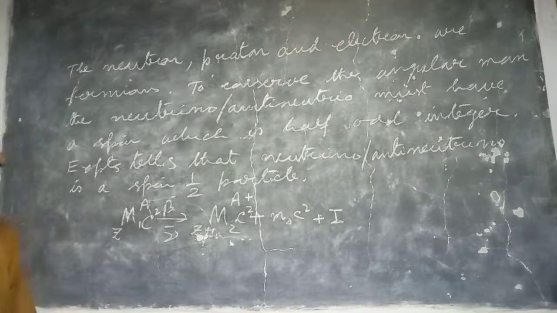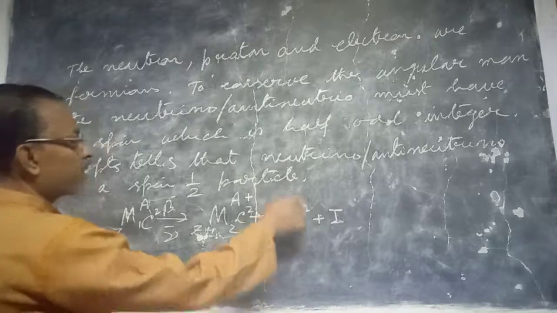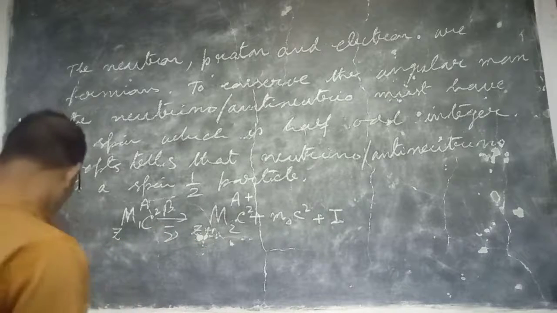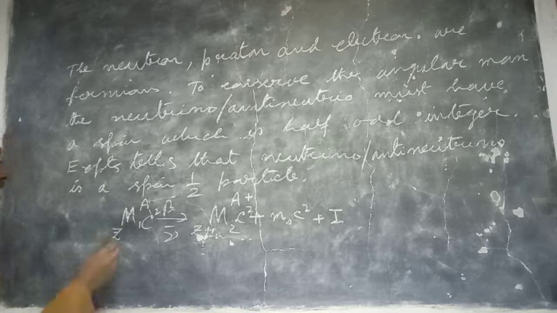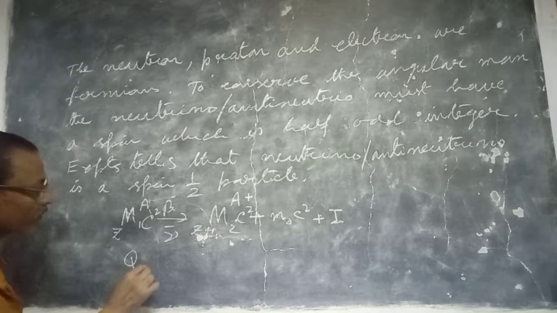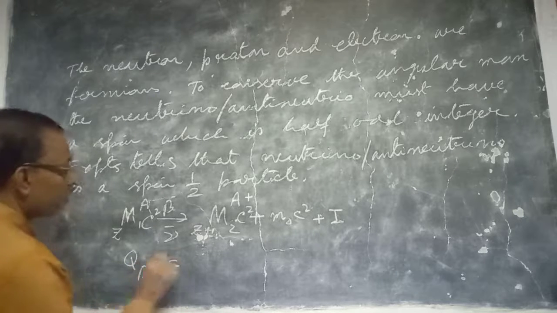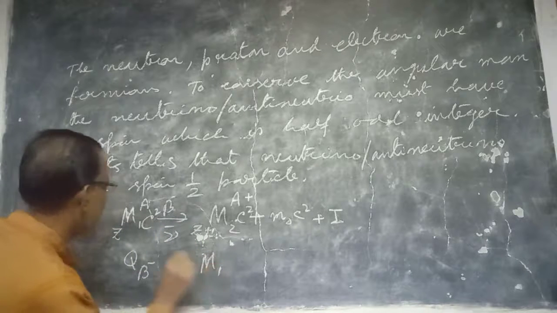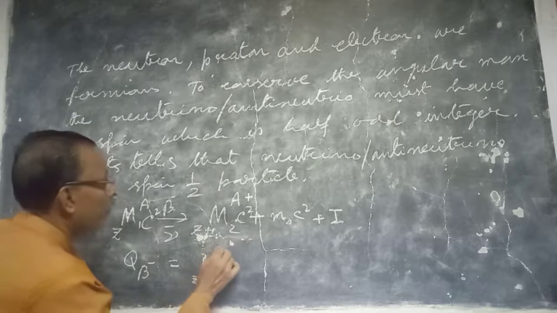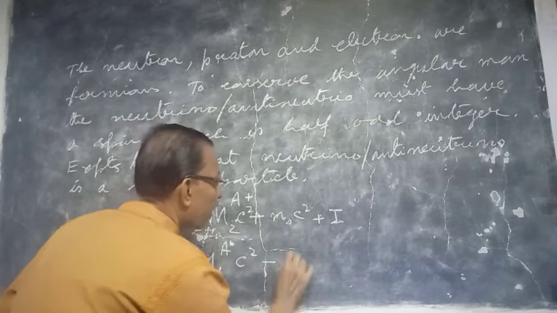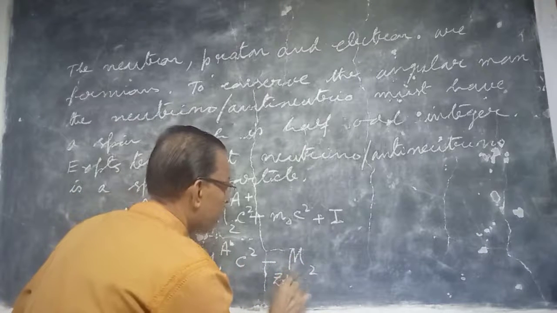Now, if we calculate the energy of this emitted beta electron from the mass difference of these two, that is called the Q beta, the energy of the beta process. So you get the Q beta equal to the difference of these: M1 Z A c squared minus M2 Z plus 1.